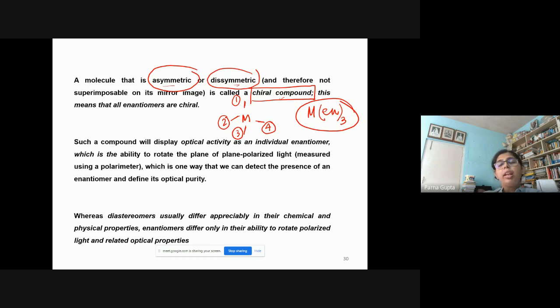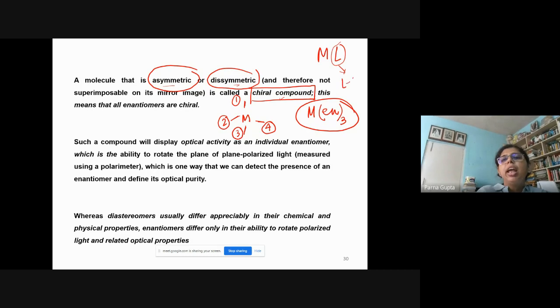But in inorganic compounds, as you have chelate rings, even if it is not M(en)3, if it is ML and this L is a hexadentate ligand, then also you can have a chiral compound, because there is a mirror image relationship. One mirror image is not superimposable on the other. So this is the point.